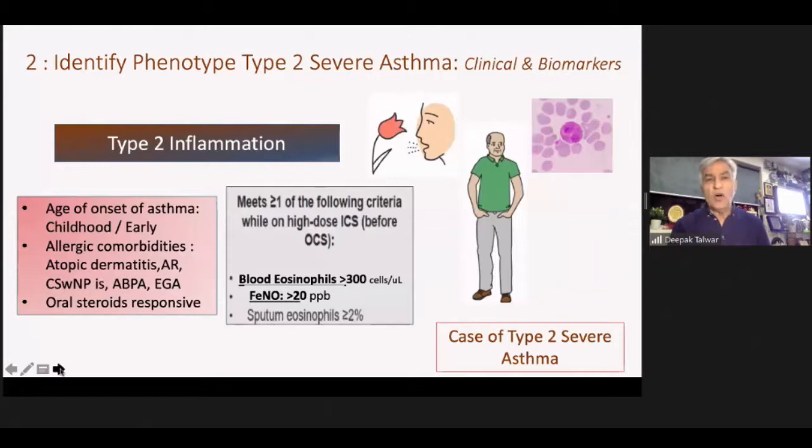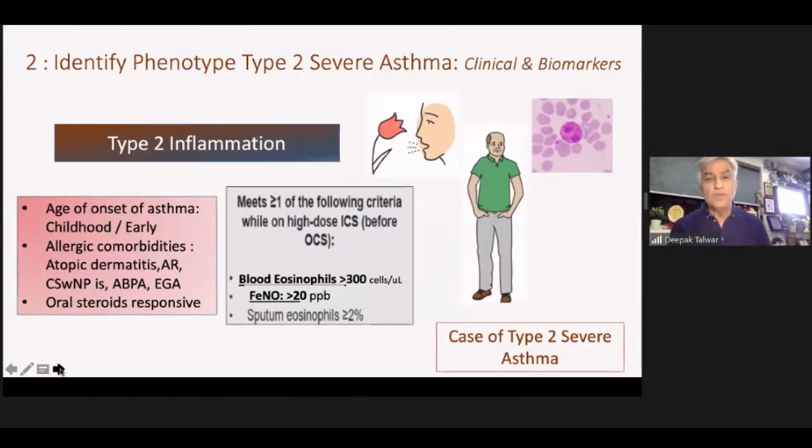Once we have done all this, we are very sure that we need to use biologicals in the right candidates. And the right candidate is a patient who has a severe asthma which is type 2 type. What is type 2 severe asthma? Type 2 severe asthma is the one which is characterized by type 2 inflammation.